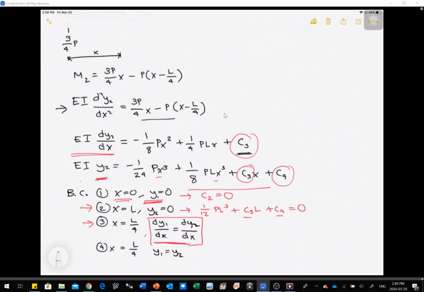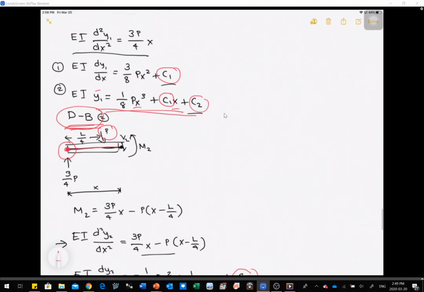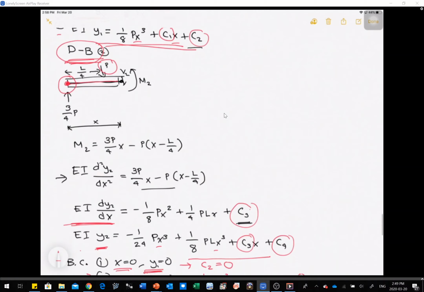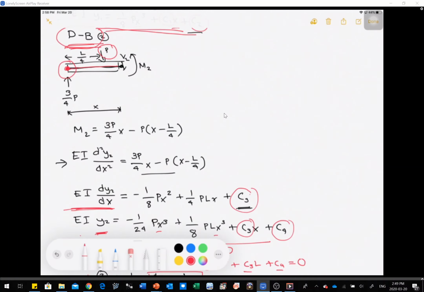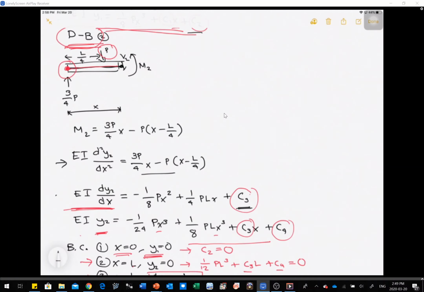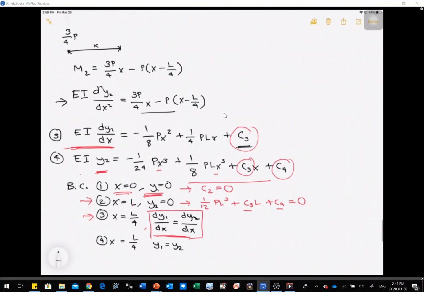It's this guy right here. And then we have another slope right here, which is this guy. I call it 1 and 2, so I can call these equations 3 and 4 so that you will not be confused. I can now equate 3 and 4 for this boundary condition. I can equate 1 and 3.